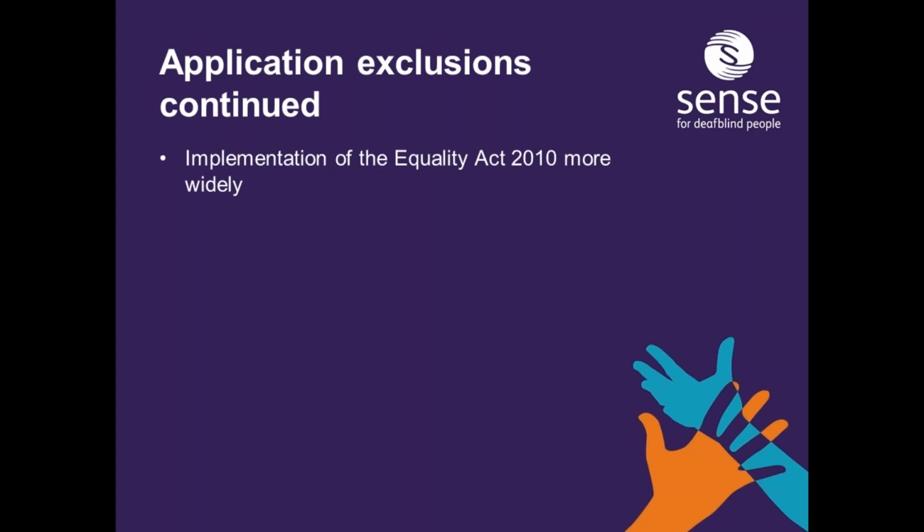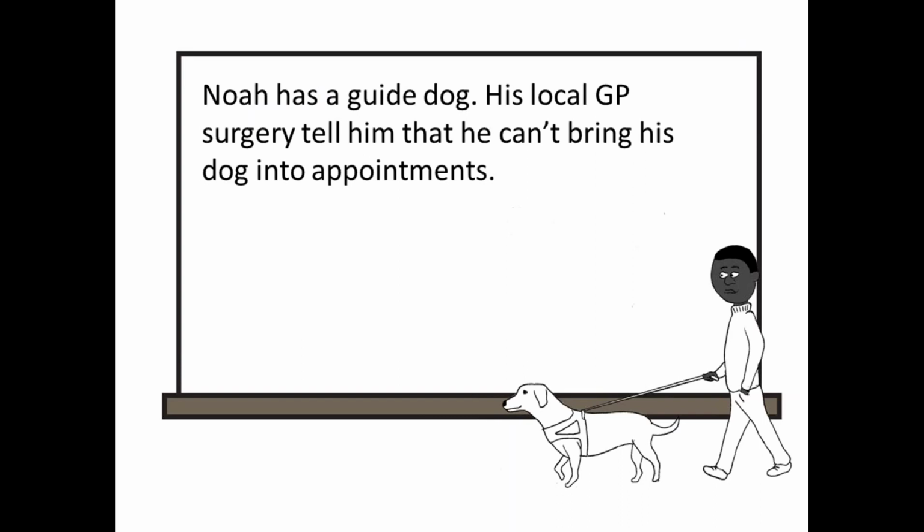So that exclusion would apply to other forms of support which might be needed by an individual due to disability, impairment or sensory loss. For example, ramps or accommodation of an assistant dog, signage within a provider's property. So looking at the next example here, this example falls out of scope. There may well have been a breach of the Equality Act, but that is not covered by the standard.